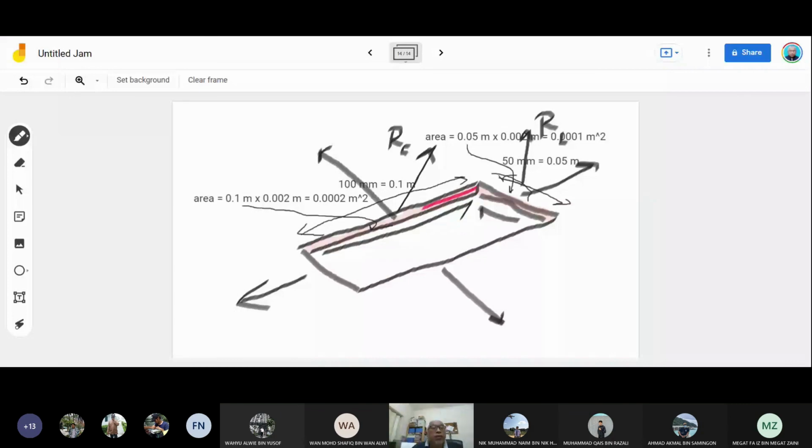We can see, let's say this is LC, the circumferential load, and here we can say shear C. And here we can say longitudinal load, and here is the shear.